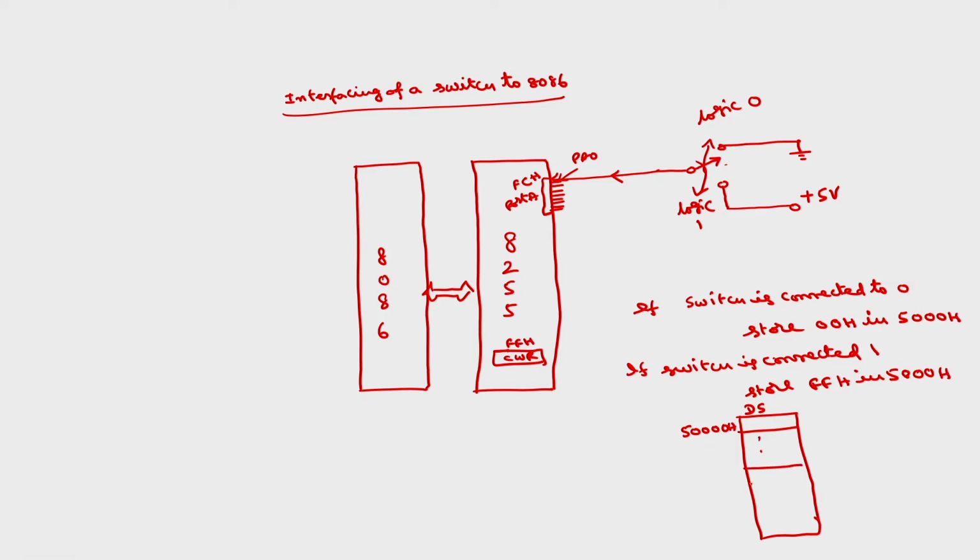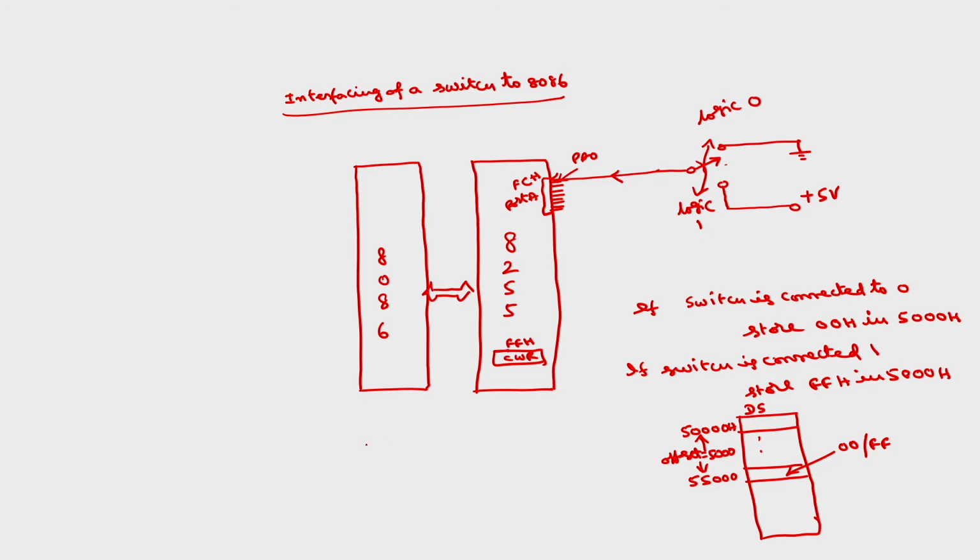The offset of 5000 becomes 55000. Here I want to store either 00 or FF, depending upon whether the switch is connected to logic 0 or logic 1. Okay. So, what will be the program for this now?